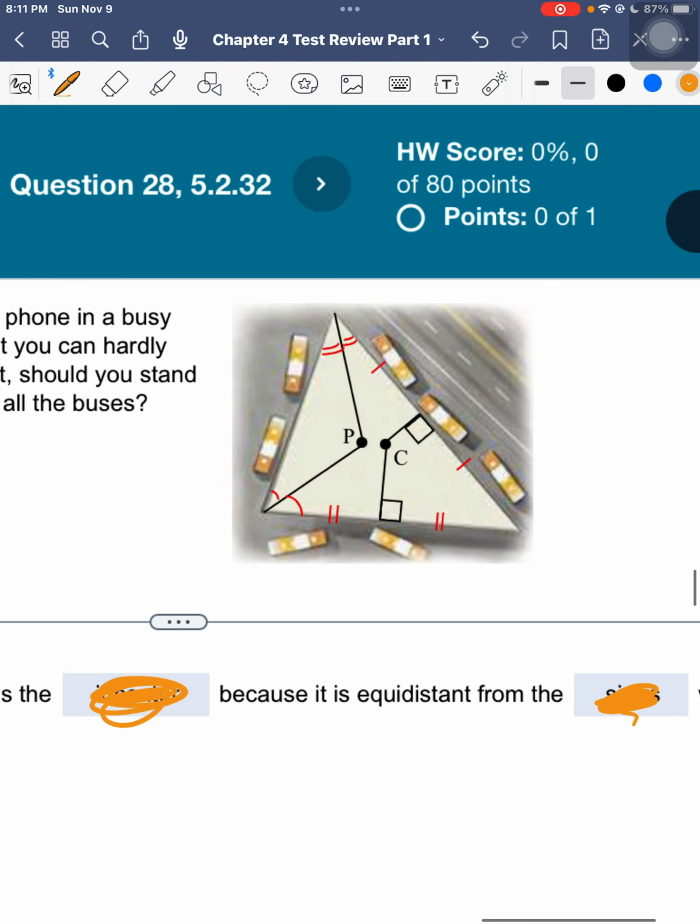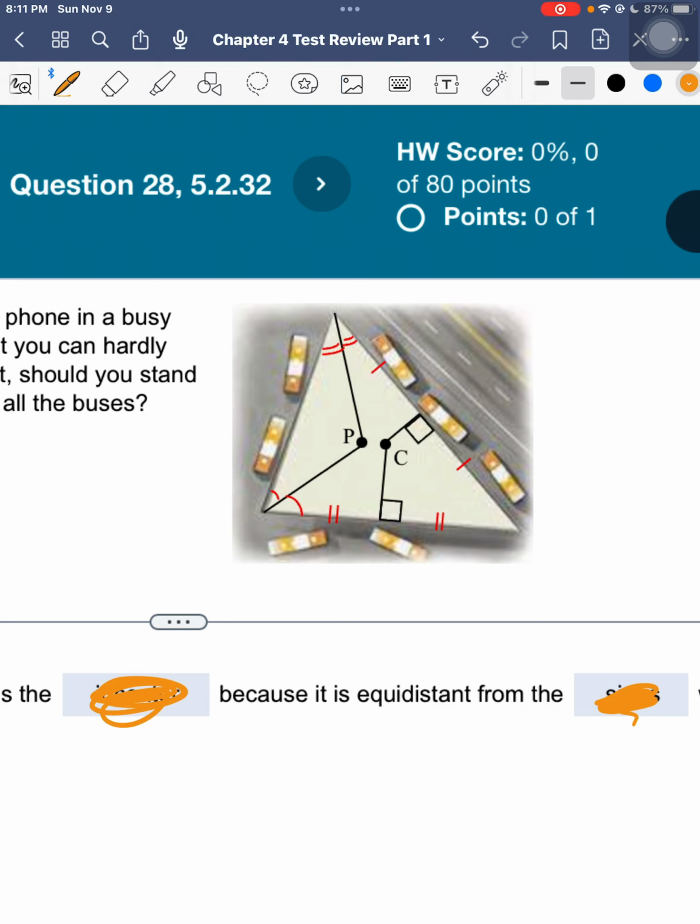So if I had a point right here, I'd be super far away from this side and super far away from this side. But I'd be right on this side, so that's not going to work. So I want to be equally as far away from every single side as possible. So that means I want to be equidistant from where?